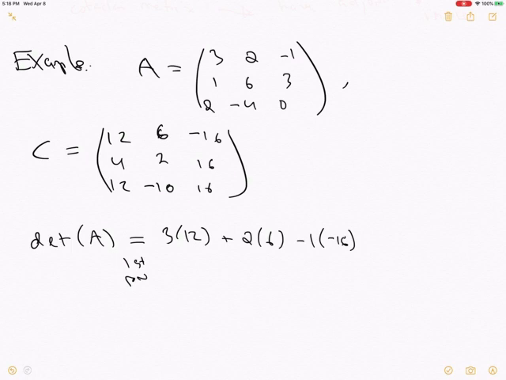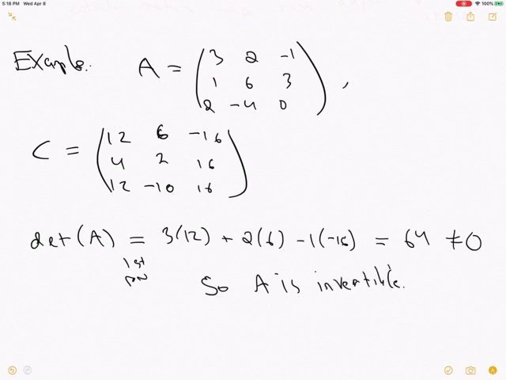That gives you 24 plus 12 plus 16, so that's equal to 64. This is, of course, not equal to 0, so A is invertible.